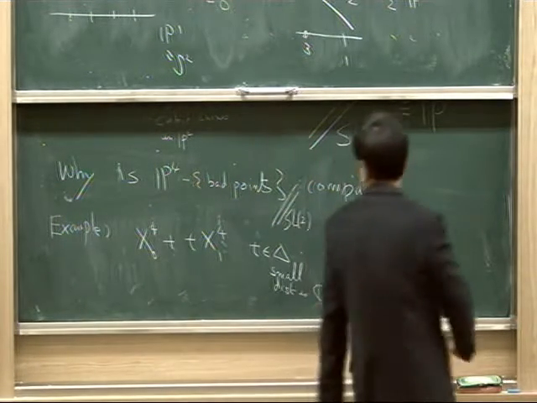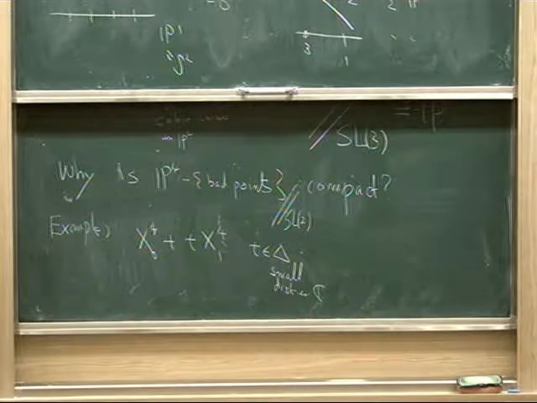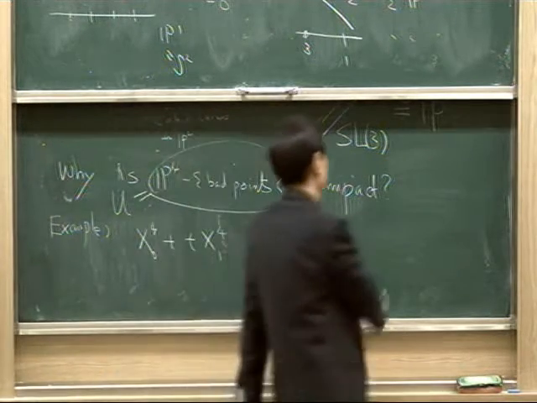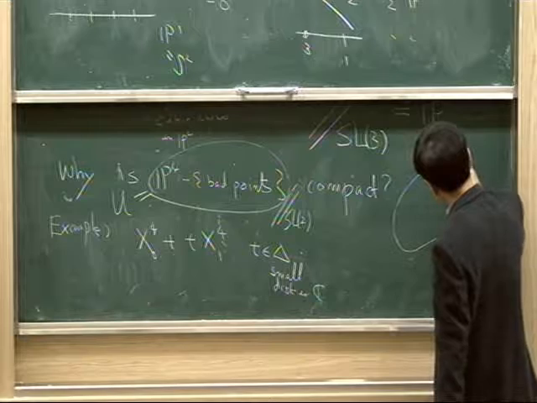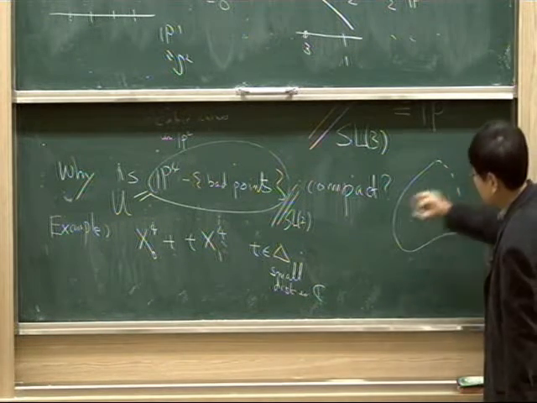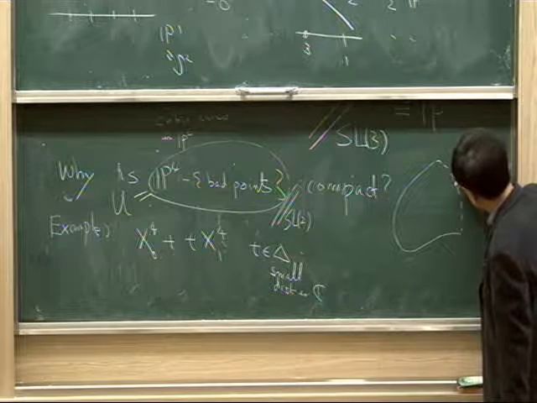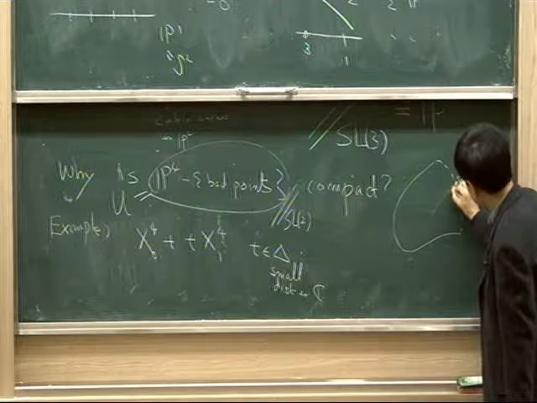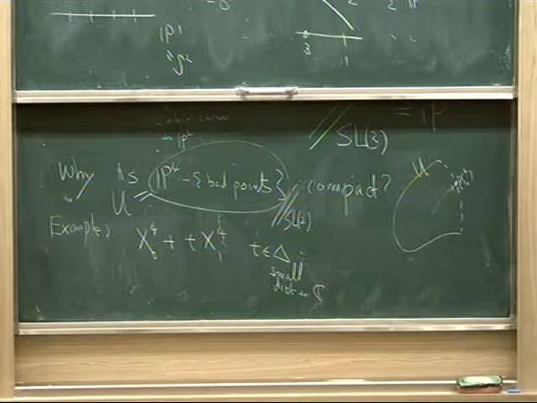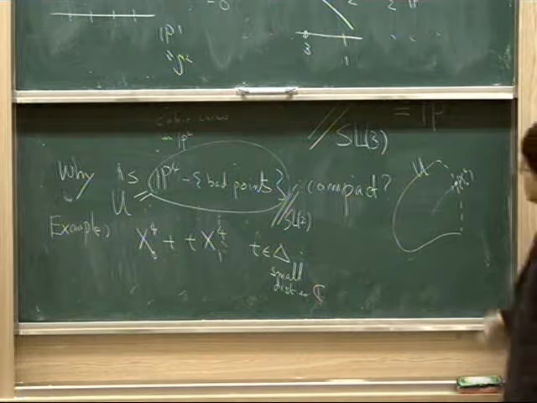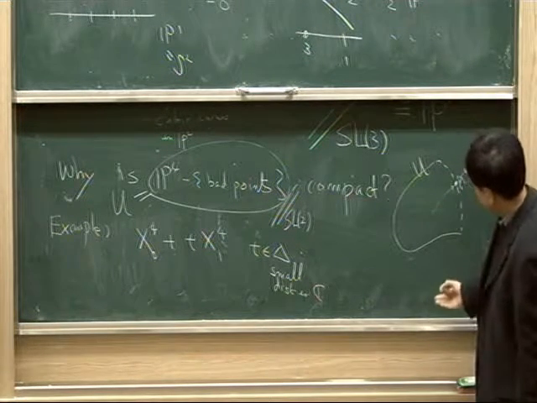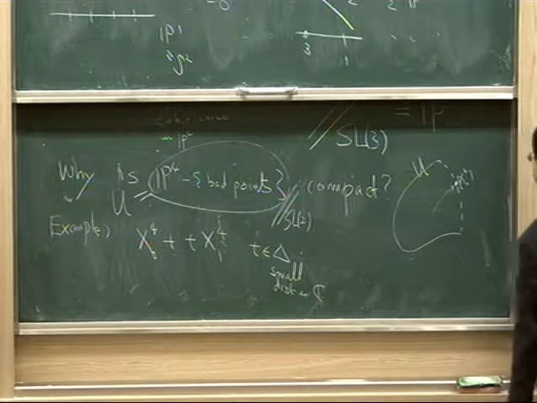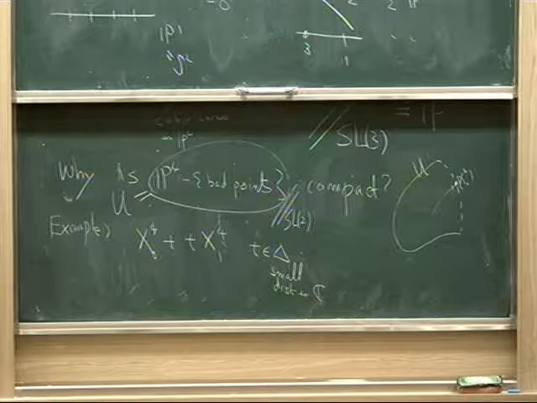So if, for example, you're writing this equal u, then u is not compact, so something like here, and now as t goes to here, we have a bad point here, and that family is moving something like this in u. We cannot quotient directly here because this is going to a bad point. So we should replace it. So how can we replace this one by using group actions?